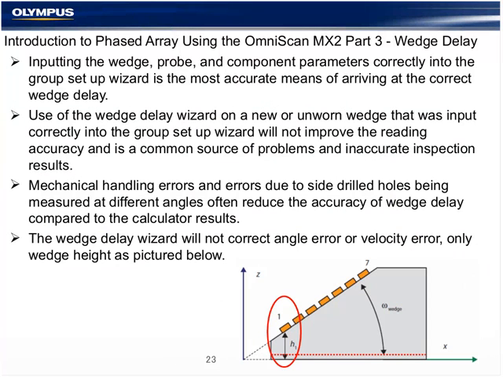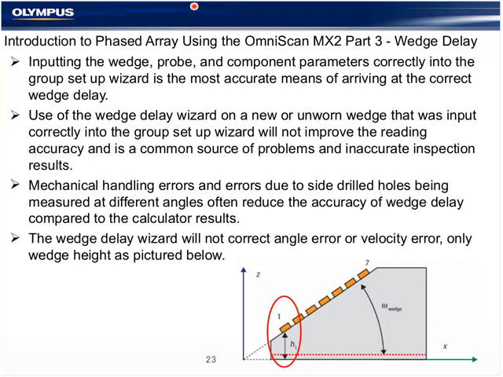Inputting the wedge, probe and component parameters correctly into the group wizard is the most accurate way of arriving at the correct wedge delay. Use of the wizard on a new or unworn wedge is normally done to correct a slight angle error by adjusting the depth of the calibration notch.